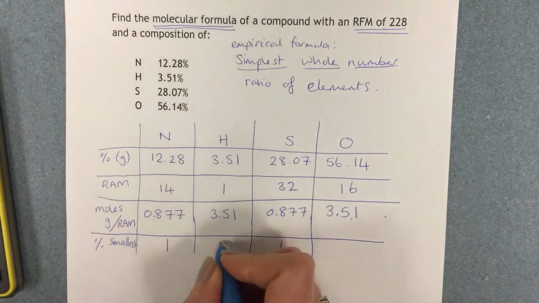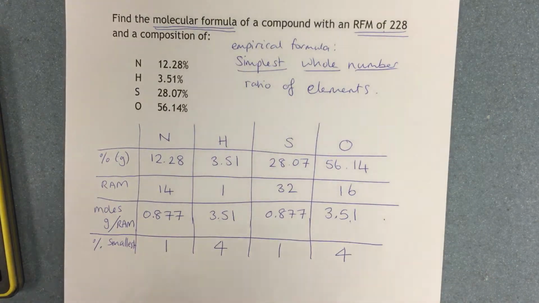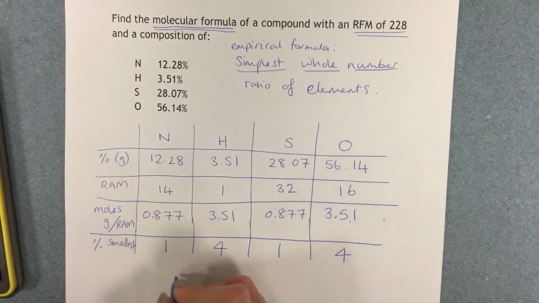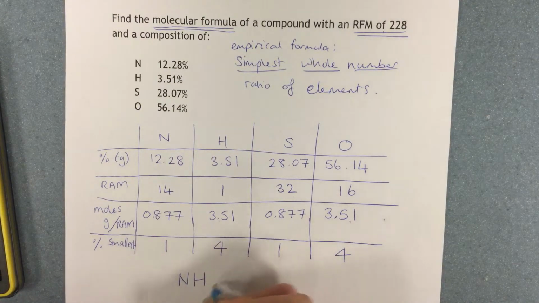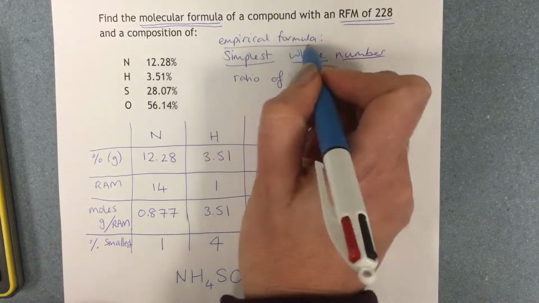So that tells me I have 4 of those and 4 of those. Okay, that's my empirical formula bit done. All I need to do is show it: N, 1 of those, 4 of those, 1 S and 4 O's. So far so good. That's my empirical formula.